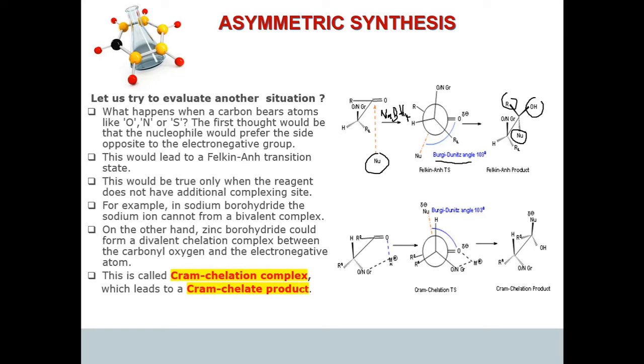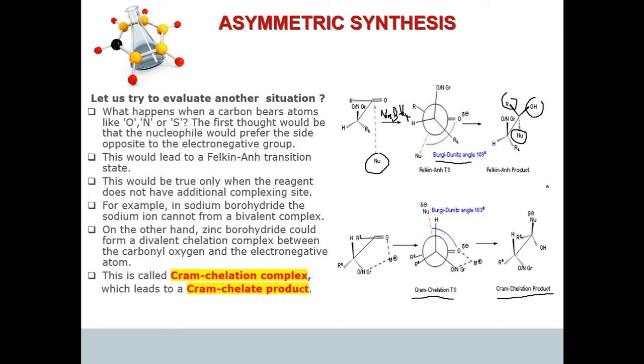So the metal can form a chelating complex. This is called a Cram chelation complex, which leads to a Cram chelation product. And when that happens, there is going to be a difference in the stereochemistry of the products.